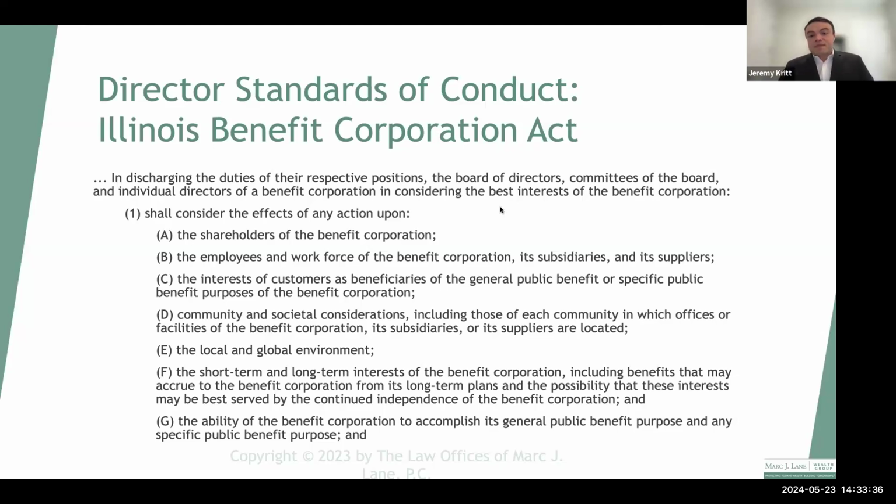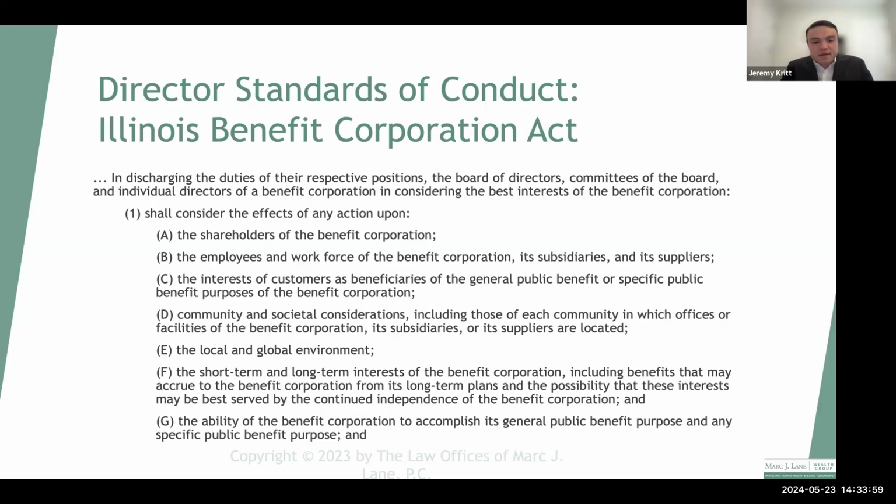Well, what gives it objectivity and gives it meaning is the third-party standard. So this is really saying, the directors not only need to consider general public benefit, but actually the individual factors that provide meaning to general public benefit.